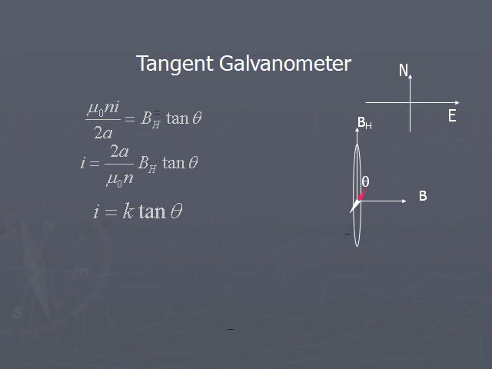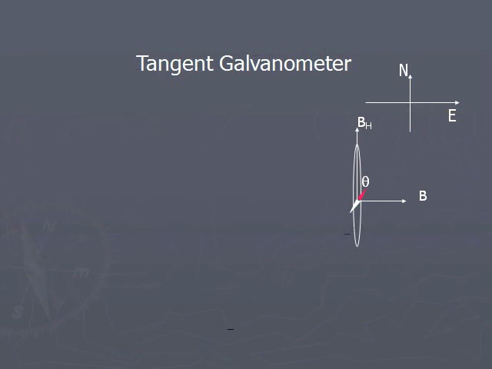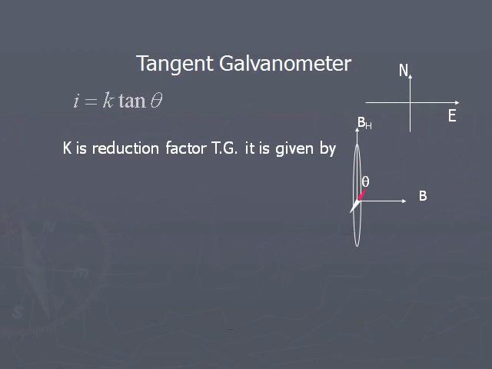Therefore, i is equal to K tan theta. K is called the reduction factor of the tangent galvanometer. It is given by K is equal to 2a by mu naught N into BH.